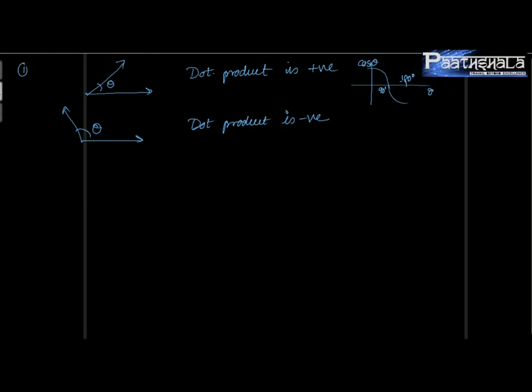The second property that we need to know is that the dot product is commutative. What that means is A dot B is equal to B dot A. The scalar product is commutative.